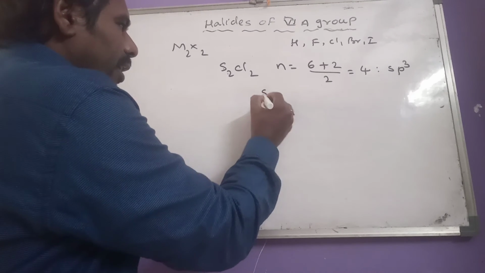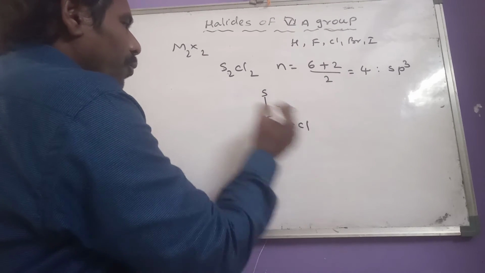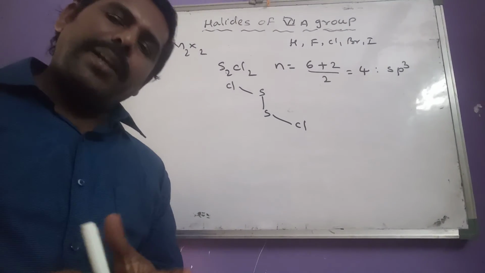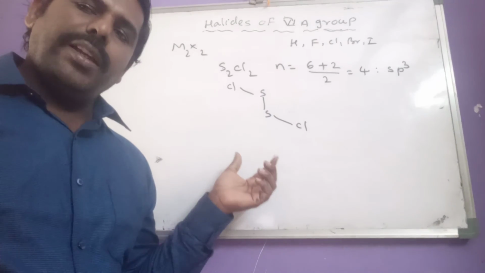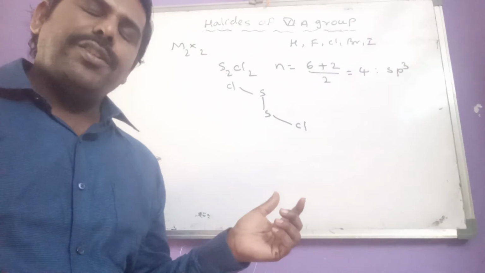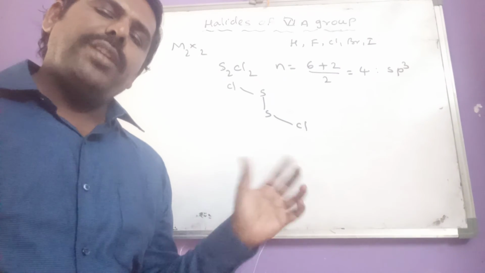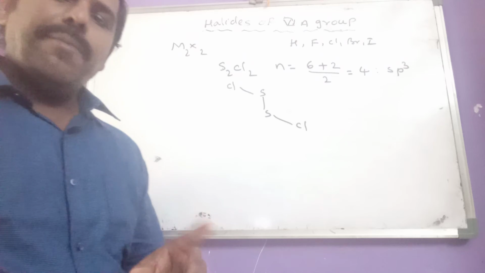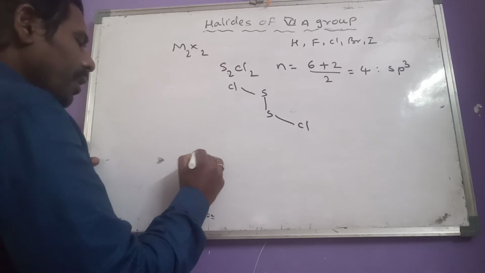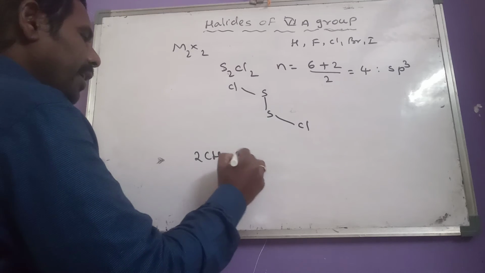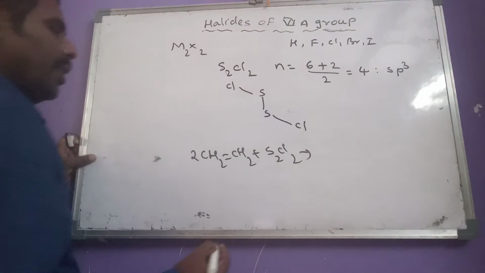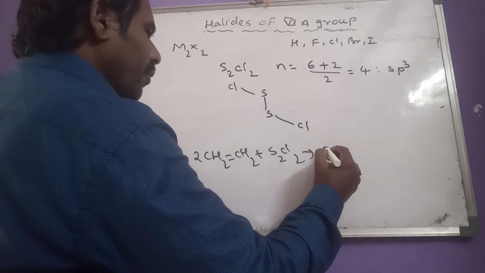And S2Cl2 has an open book structure like hydrogen peroxide, H2O2. One important point regarding S2Cl2: 2 moles of ethylene when treated with S2Cl2, one compound we get here. What is that?